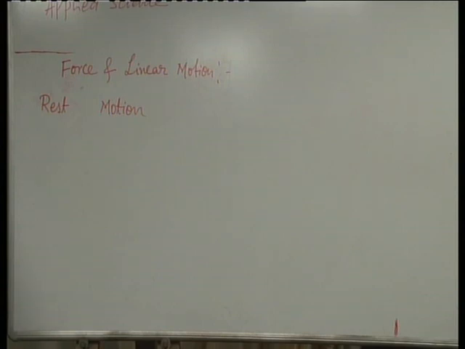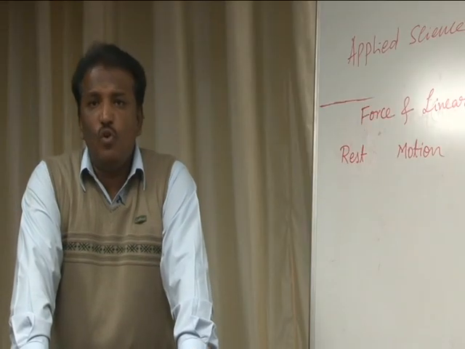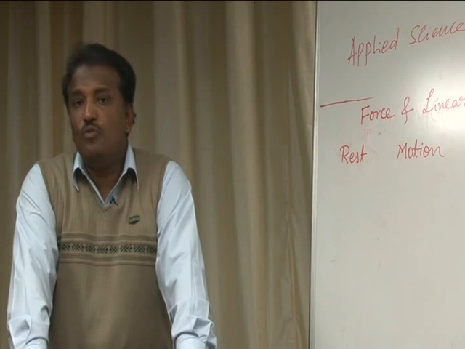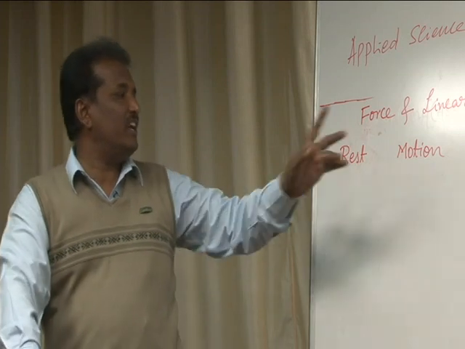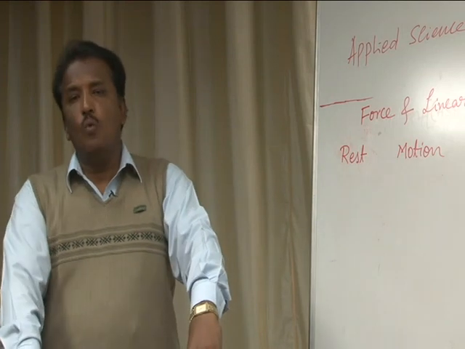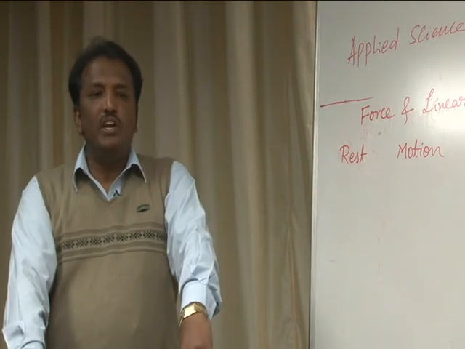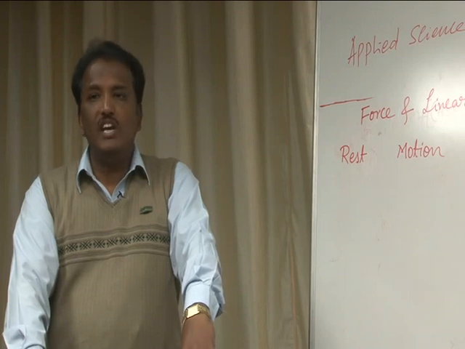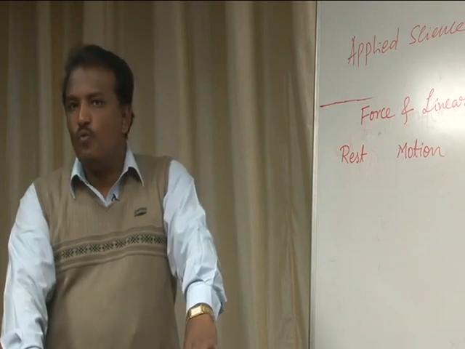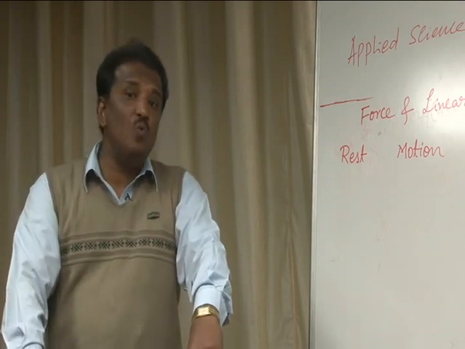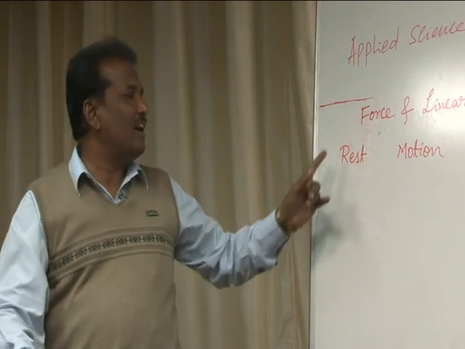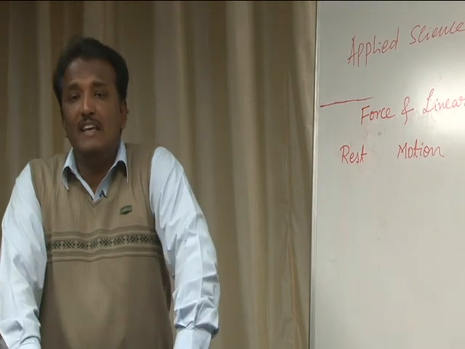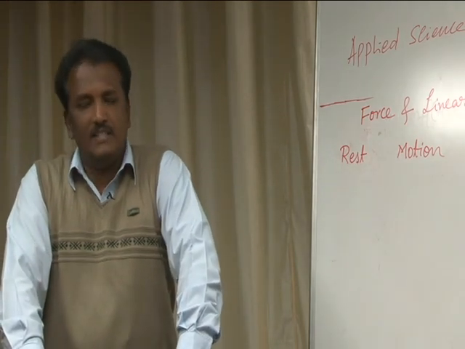Now, one of the familiar definitions for force is an external agent which can change the original state of the body. So, the original state is rest and motion. What is rest? You can say if a body does not change its position when compared to its surrounding material bodies, then the corresponding position of the body is labeled as rest.